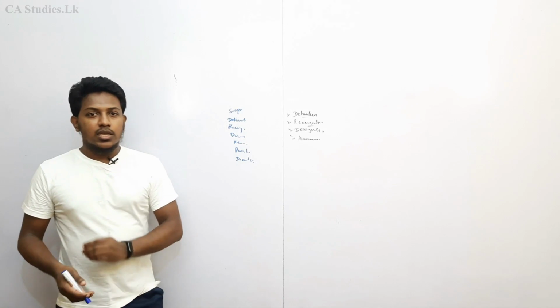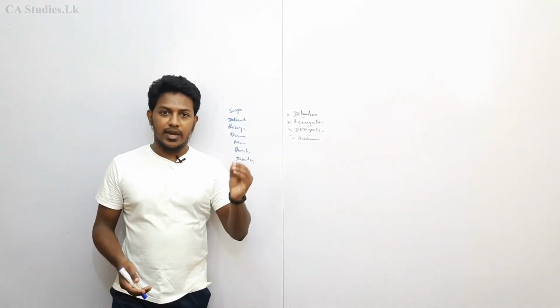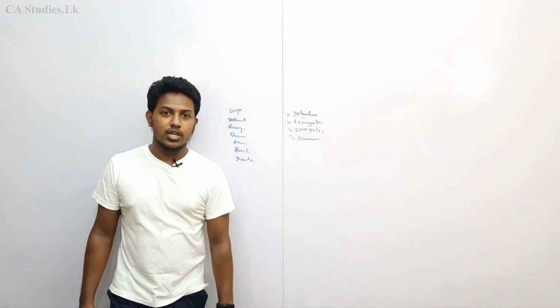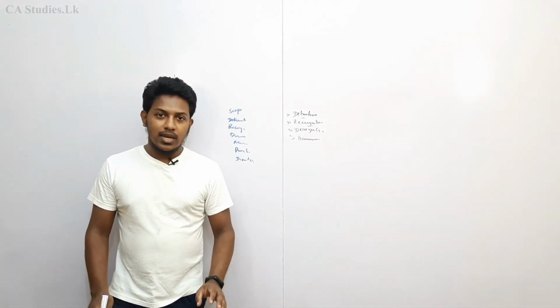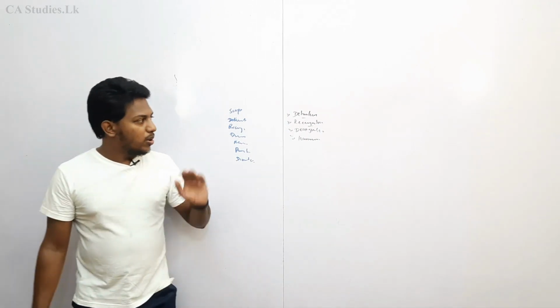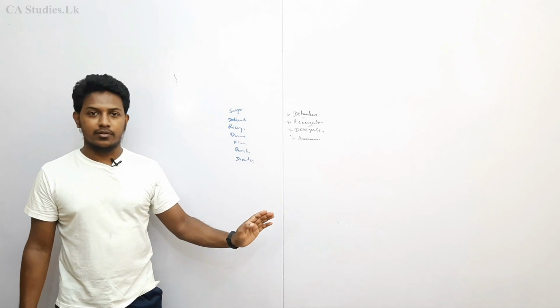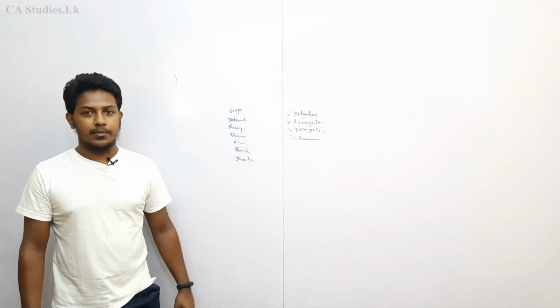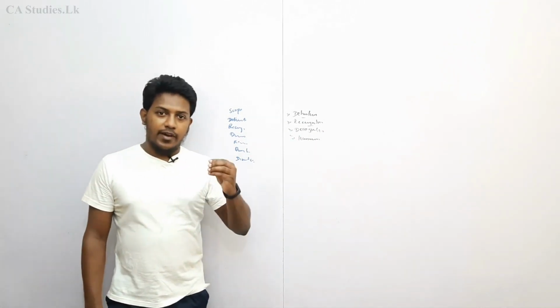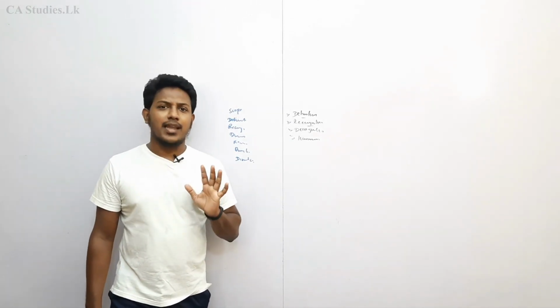I am saying each and every transaction in the financial statements, that is financial transactions and events, should be explained in the standard. If the standard doesn't explain, don't recognize, don't measure, don't even define the financial statement item. So we know there are 5 financial statement elements, but there are no 5 standards.